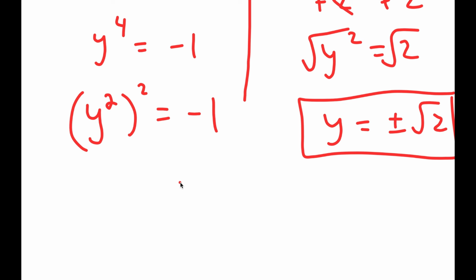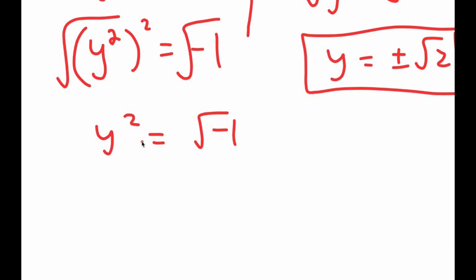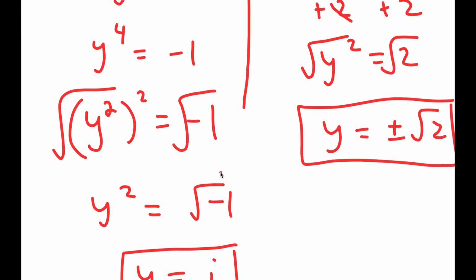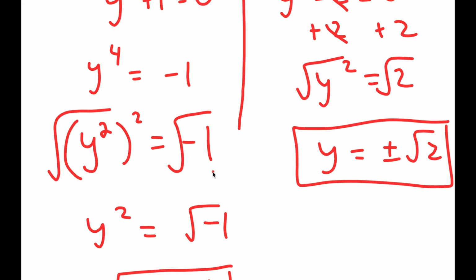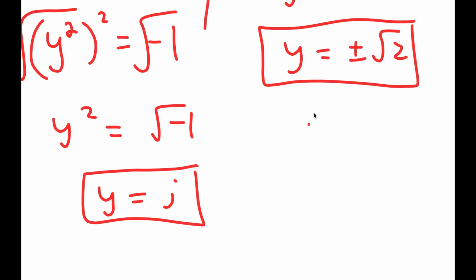Now, if I take the square root on both sides, I get y squared is equal to the square root of negative 1, meaning y is equal to i. So these are my three solutions to this equation.